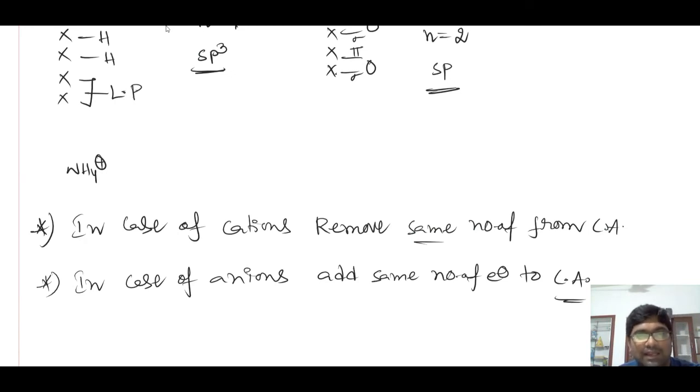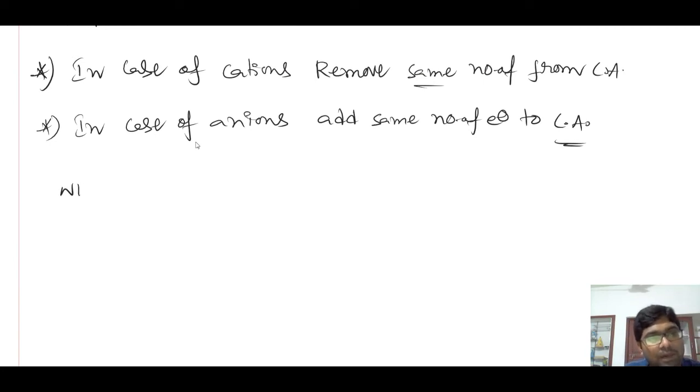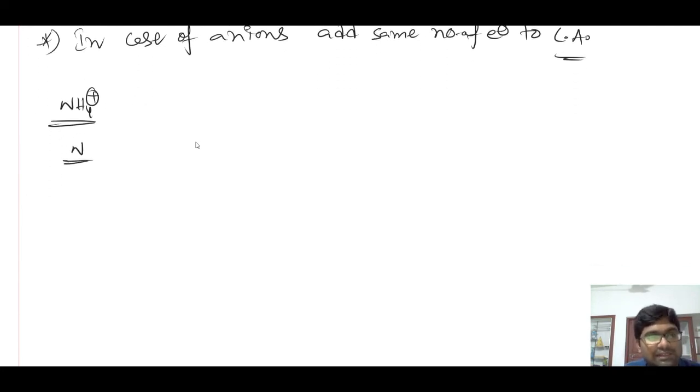For example, take the ammonium molecule NH4+. In this molecule, nitrogen is the central atom, so it generally has 5 electrons in the outermost orbit, but since it is a cation, we should remove one electron here. Now what will be the hybridization? There are 4 surrounding hydrogen atoms, so it forms 4 sigma bonds. So the hybridization is what here, students? sp3 hybridization.